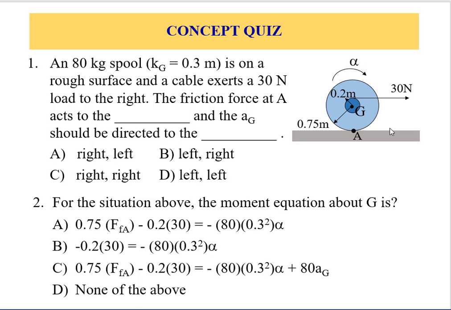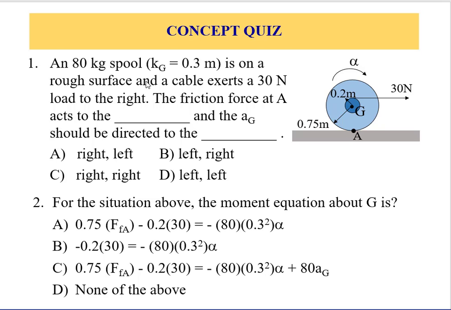Having a friction force in a rolling scenario like this one, and without slipping, means that the friction force is in the direction of the motion, unless it slips, then it's going to be opposite.